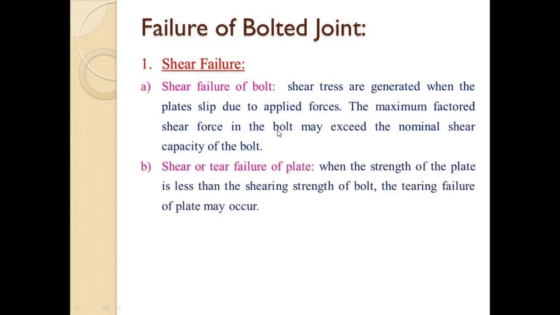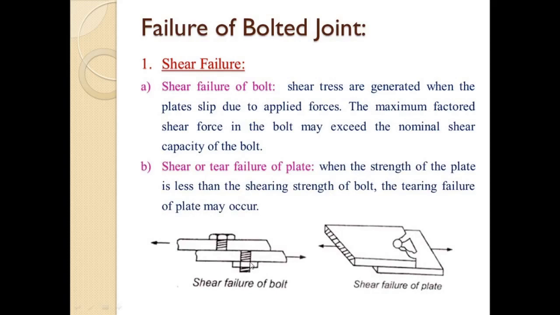In shear failure of bolt, here we can see in this figure, shear stresses are generated when the plate slips due to the applied force. The maximum factored shear force in the bolt may exceed the nominal shear capacity of the bolt, meaning this is the shearing plane. If the bolt fails in this shearing plane, we call it shear failure of bolt.